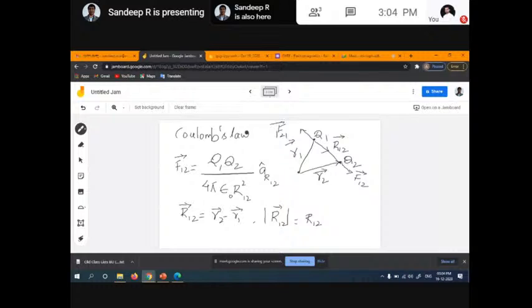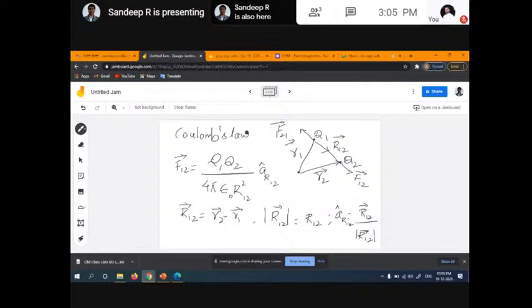Okay, and unit vector, you know, is the vector itself by the magnitude. So here the unit vector AR12 is R12 vector by the magnitude, which is R12 magnitude or just R itself. So this is the vector form of Coulomb's law.